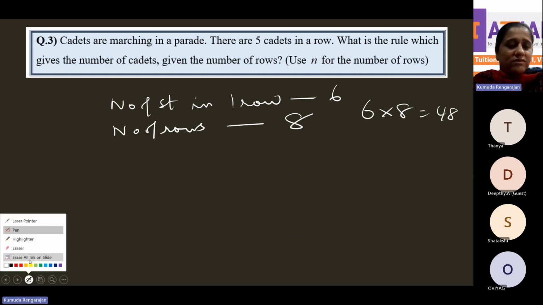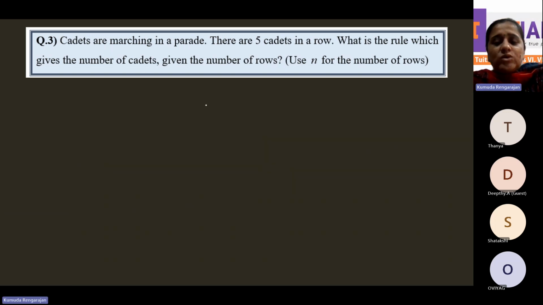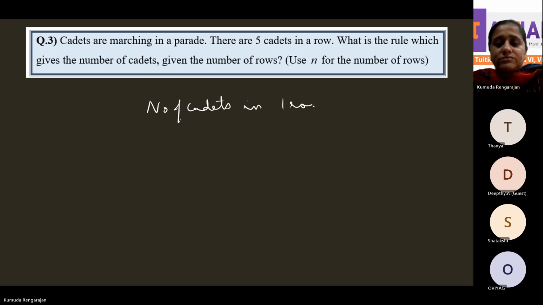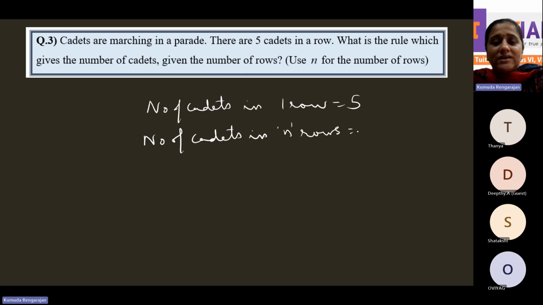In the same way here, there are 5 candidates in a row. So the number of candidates in one row is equal to 5. Number of candidates in n rows, because rows are not given.